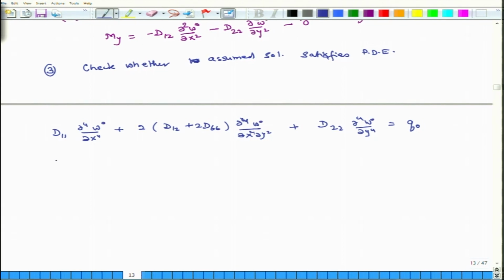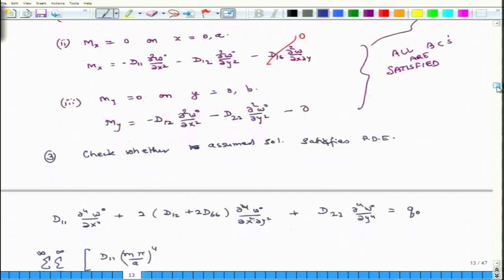So, once I plug in the solution, I get a series term, m equal to 1 to infinity, n equal to 1 to infinity, and in the brackets we get D11 times m pi over a to the power of 4.